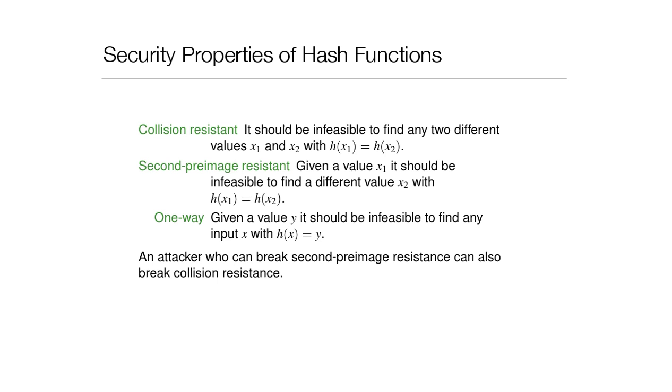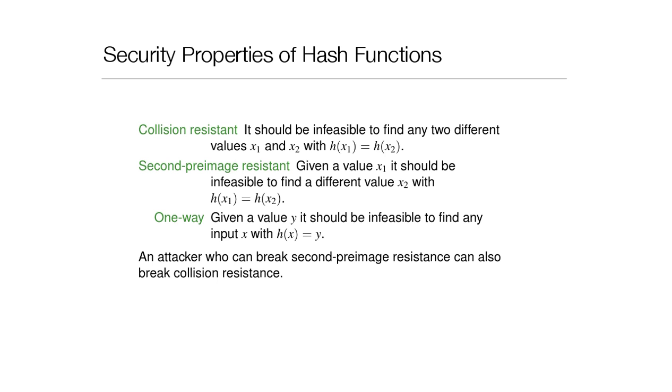But second pre-image resistance is, given a value x1, it should be infeasible to find a different value x2. In the first case, the task is to get any two values and show this. It's easy compared to the second case.